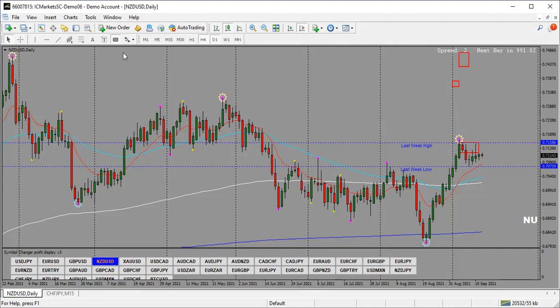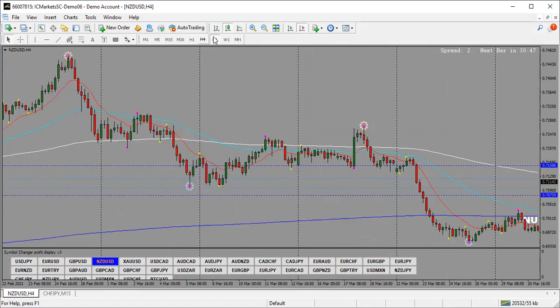I think what we have here is on the IOF zone. So this is a good one. So this H4 is still valid.